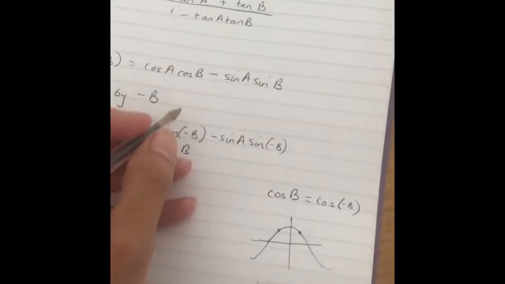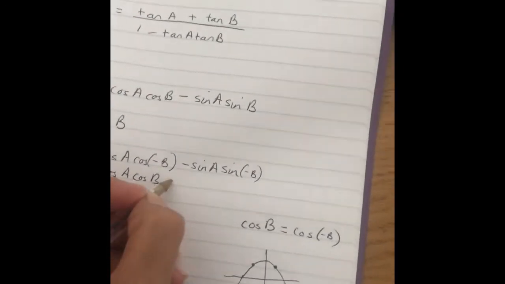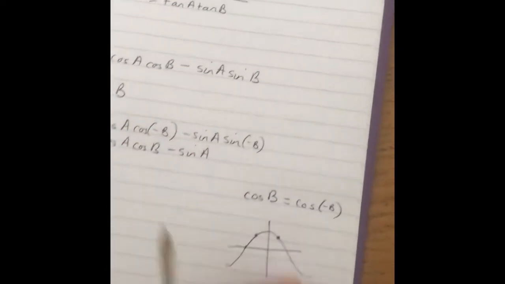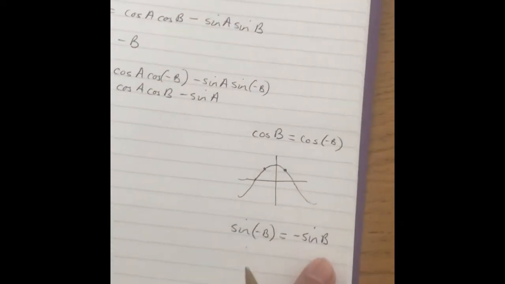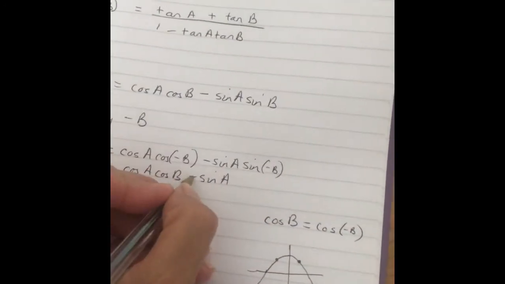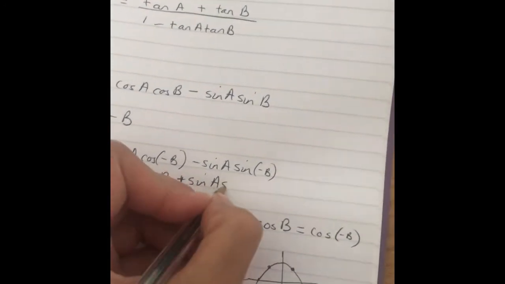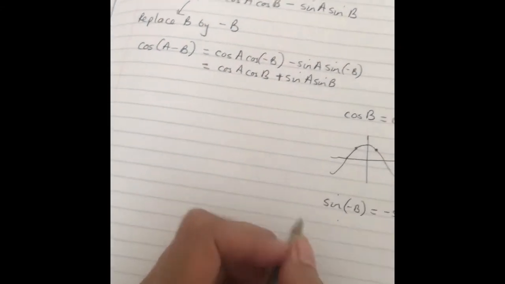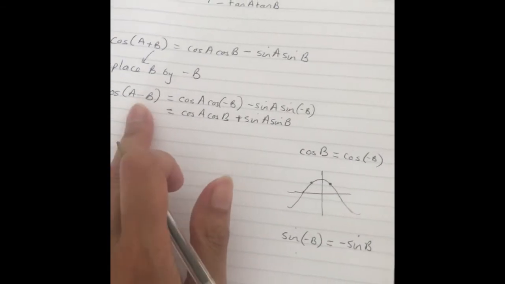So here I'm going to write cos a cos b minus sine a, and now sine of minus b is minus sine b. If I put times by minus sine b, that becomes a plus sine a sine b. So that is the identity for cos of a minus b.